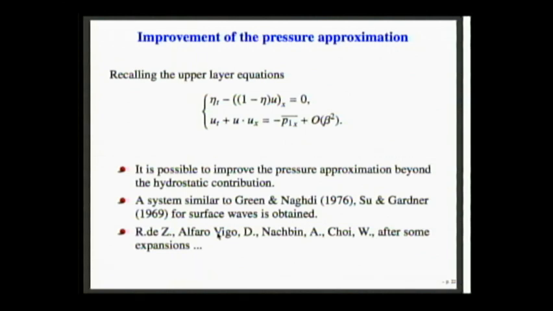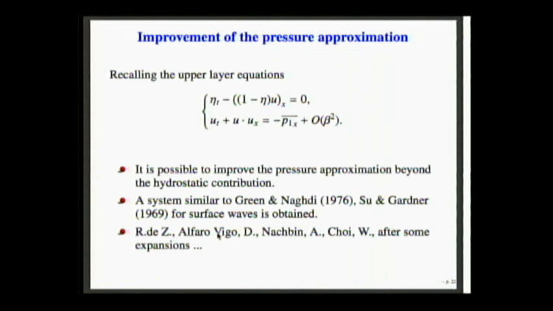It is possible to improve that model and to obtain a higher order model, still for flat bottom, by improving the approximation of the pressure beyond the hydrostatic contribution that we considered before. And the result is a system similar to the Green-Naghdi equations for surface waves, a system that was independently obtained by Su and Gardner, and Green and Naghdi, but is known as the Green-Naghdi equations.